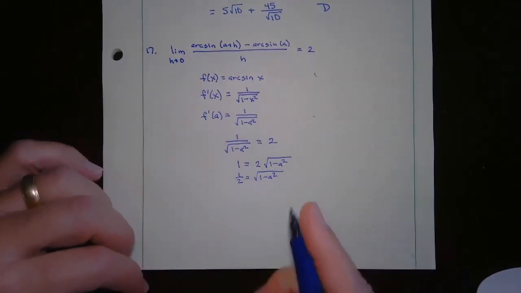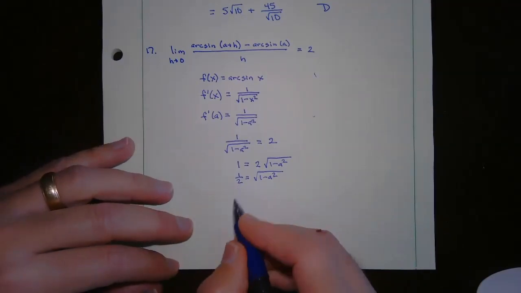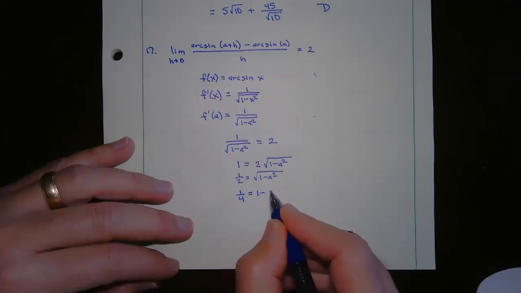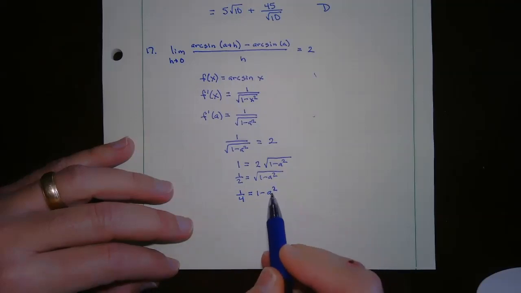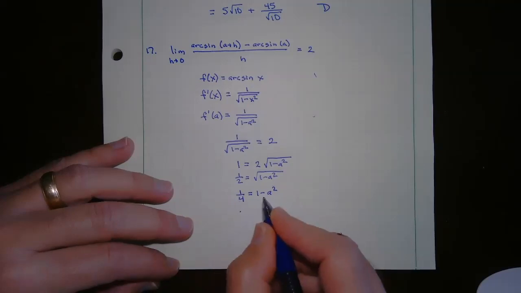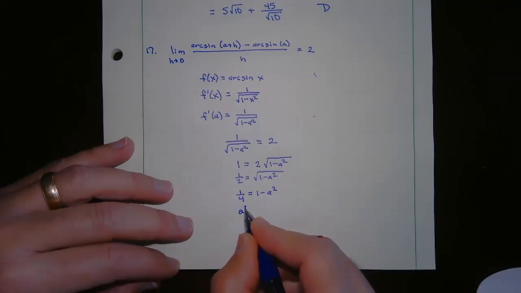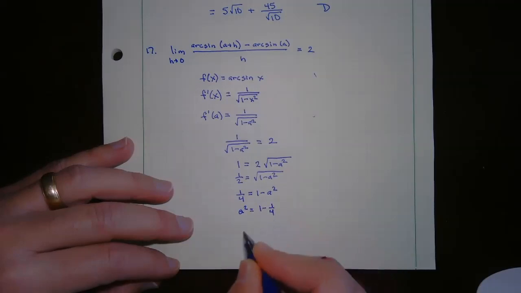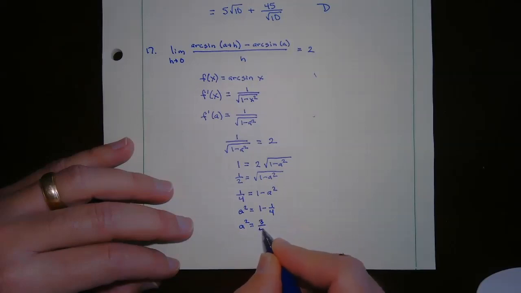Then I square both sides, which gives 1/4 is equal to 1 minus a squared. I move the a squared to the other side and the 1/4 to the right-hand side, so a squared is equal to 1 minus 1/4, which gives a squared equal to 3/4. Then you square root both sides.